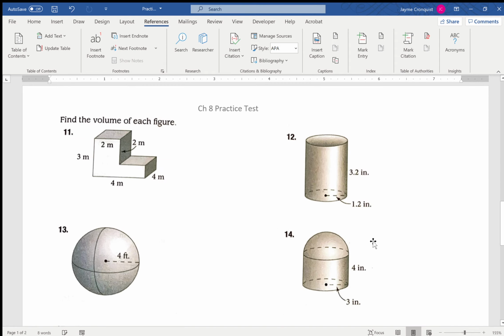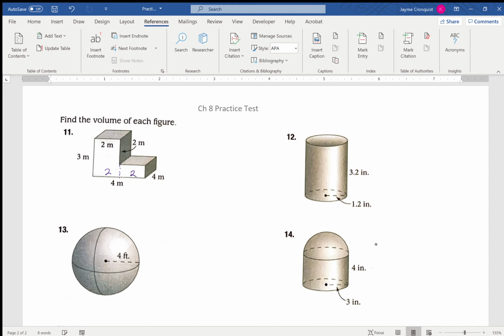Find the volume of each figure. Well, it's going to be easier to do this way. Okay, this is 2 and 2. That makes this a 2 as well.